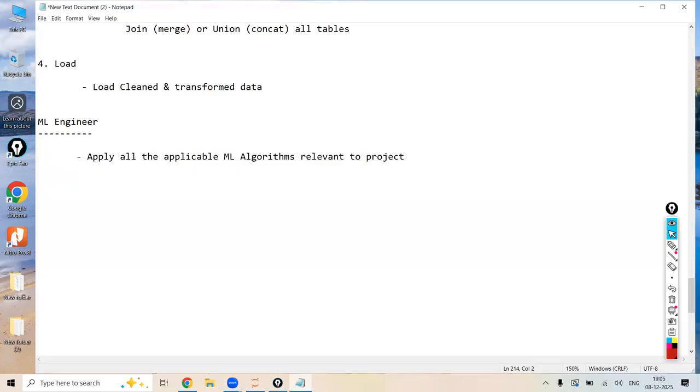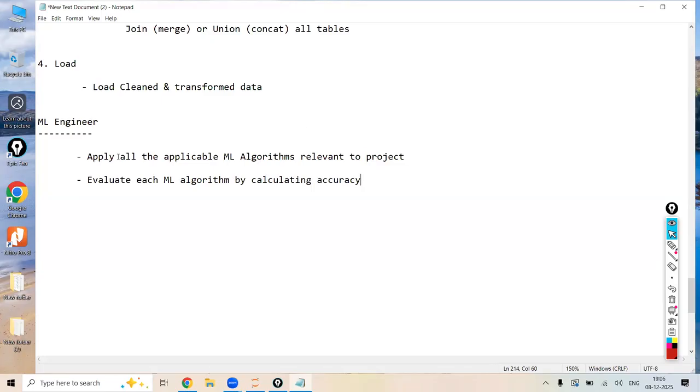After applying all the various relevant ML algorithms, evaluate each ML algorithm with accuracy by calculating the accuracy.